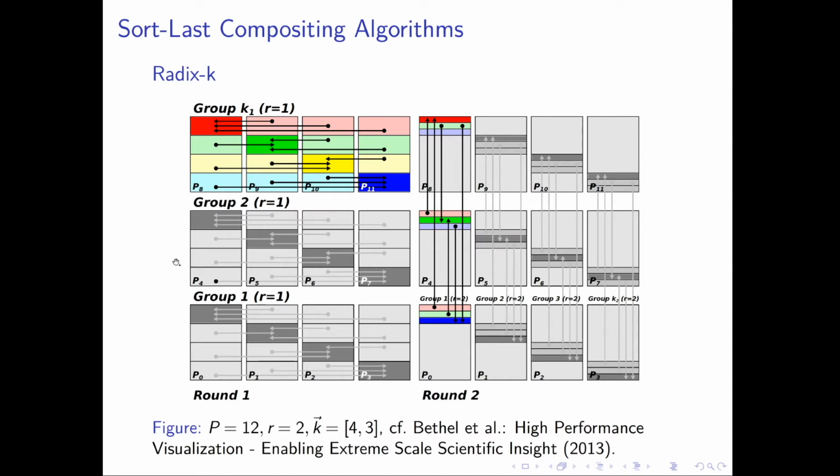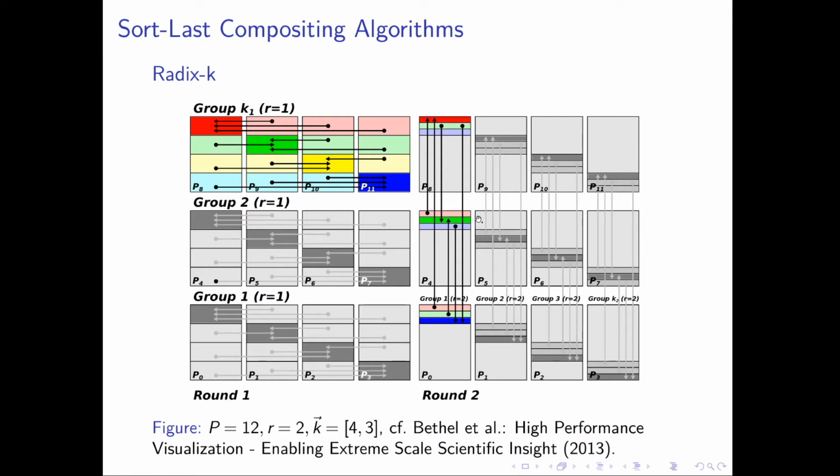And the other 2 groups would hold the other thirds of the composited image, and those thirds would then be processed in the second round. In the second round, we would have a different assignment of processors to groups. We would now have groups of size 3, and the groups of size 3 would now composite those thirds. This group here handles the third of the composited image that this group here was responsible for.